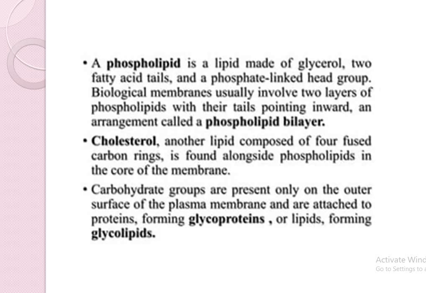Biological membranes usually involve two layers of phospholipids with their tails pointing inward, an arrangement called a phospholipid bilayer. Cholesterol is another lipid composed of 4 fused carbon rings, found along with phospholipids in the core of the membrane.